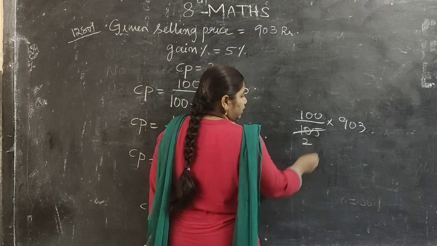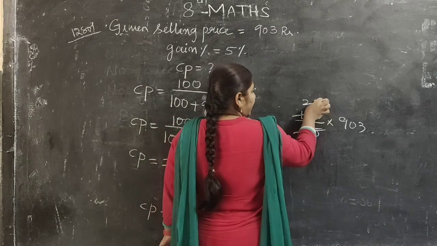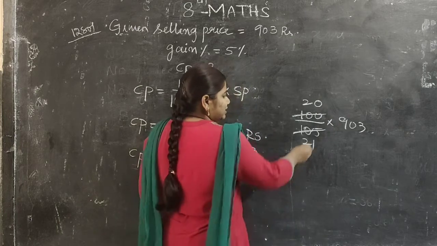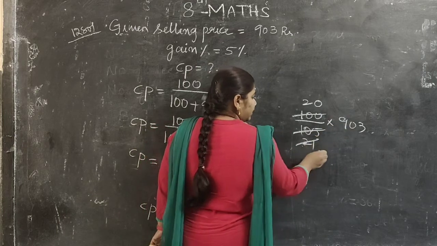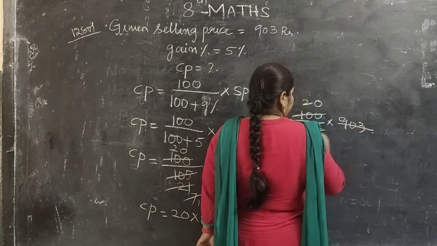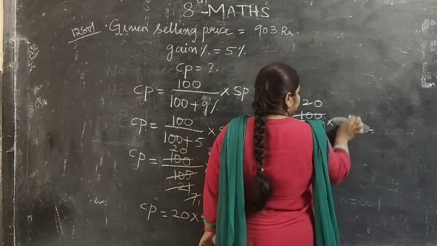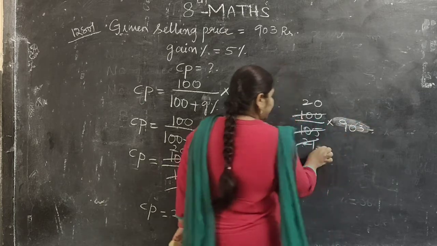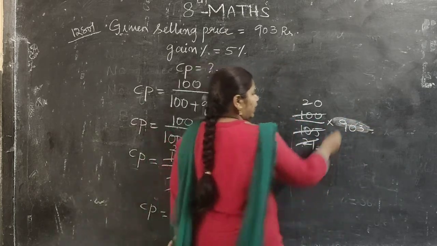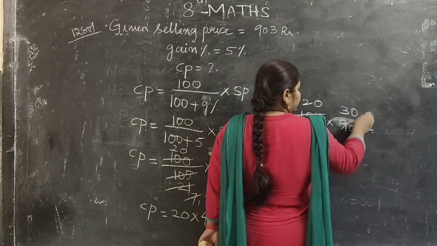First I am cancelling in the 5 table. 5 twos are 10, 5 ones are 5, 5 twos are 10, 5 zeros are 0. Now I am cancelling in the 3 table. 3 sevens are 21, 3 threes are 9, 3 zeros are 0, 3 ones are 3.